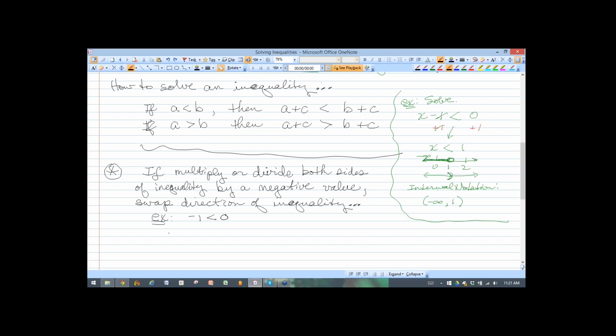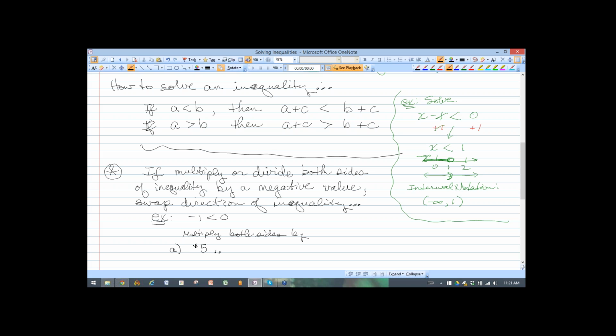So what if I want to multiply both sides of this by a positive value? Let's multiply both sides by, and I'm going to label the next part A, a positive, and I'll put a little positive symbol on it, +5.